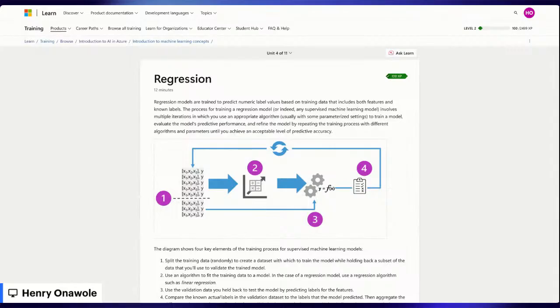The process for training a regression model, or indeed any supervised machine learning model, involves multiple iterations in which you use an appropriate algorithm, usually with some parameterized settings, to train a model, evaluate the model's predictive performance, and refine the model by repeating the training process with different algorithms and parameters until you achieve an acceptable level of predictive accuracy.